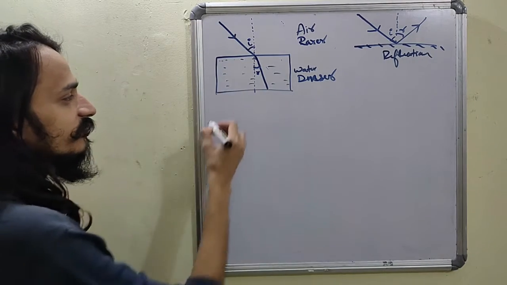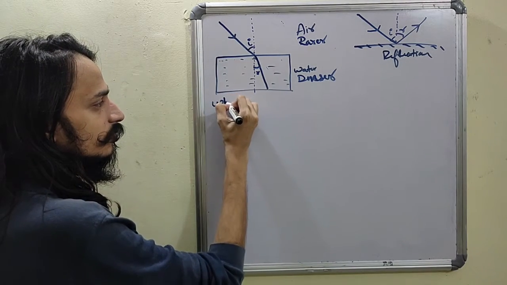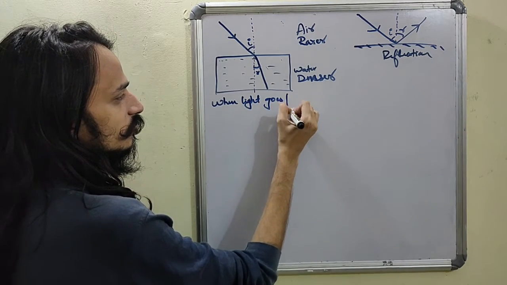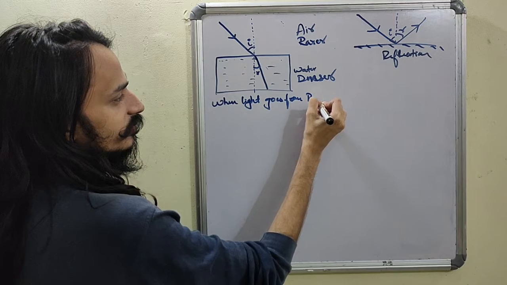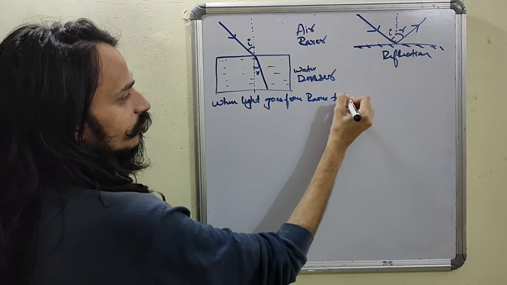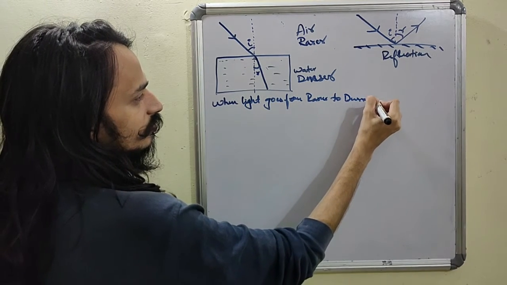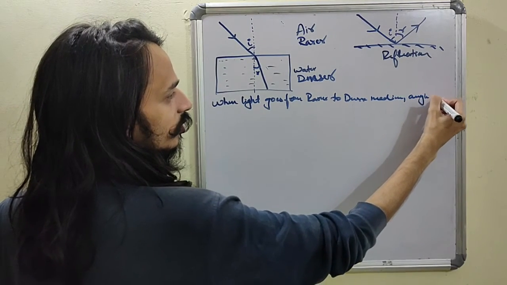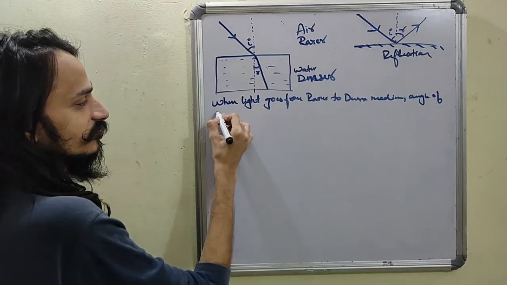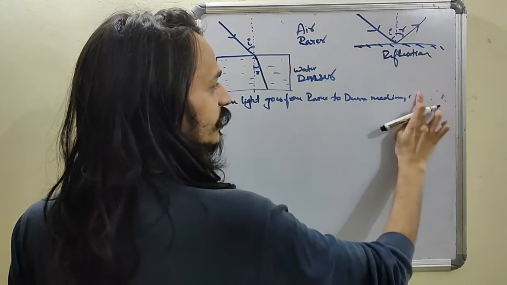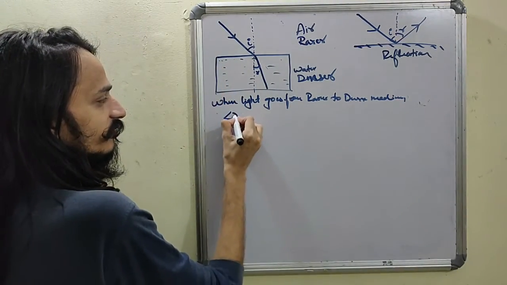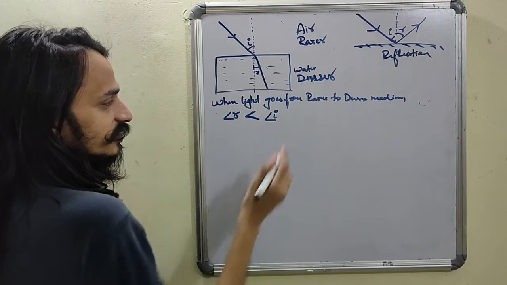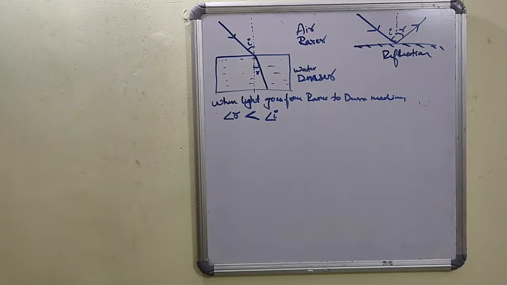So whenever light goes from rarer to denser medium, I'll just simply write it like this: angle of refraction less than angle of incidence.